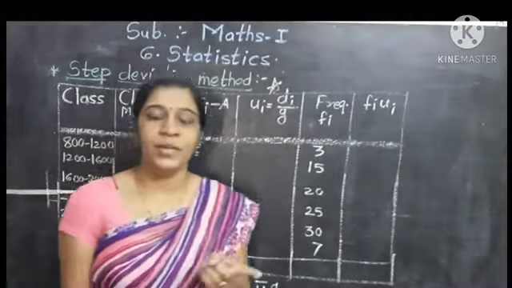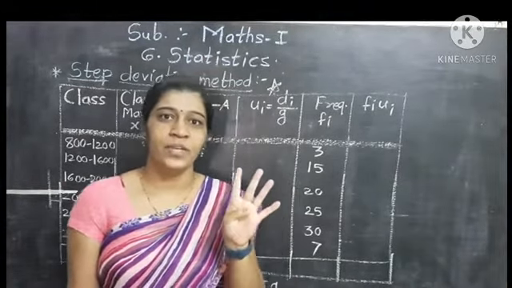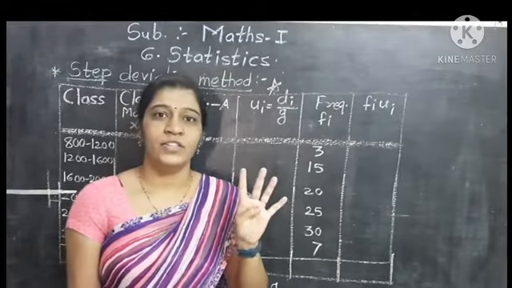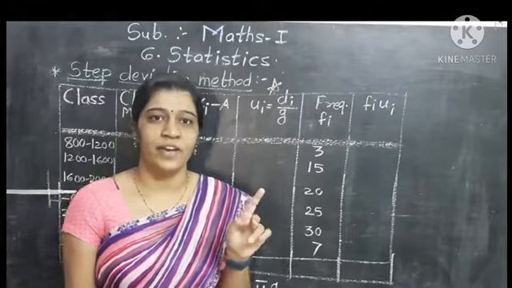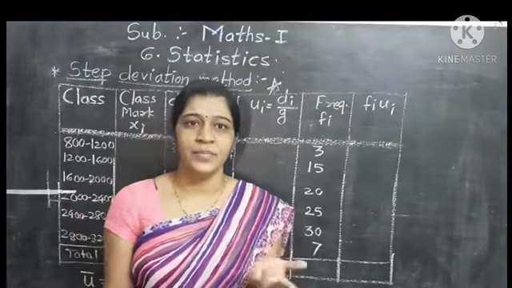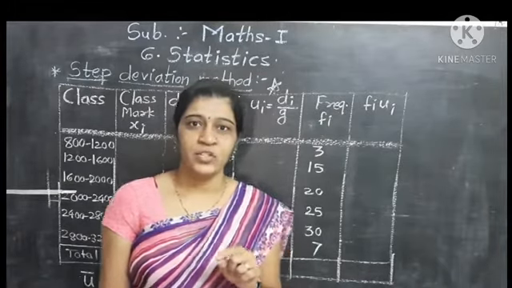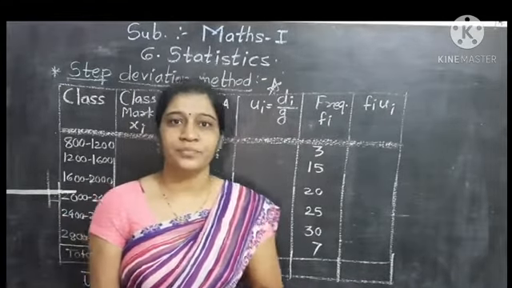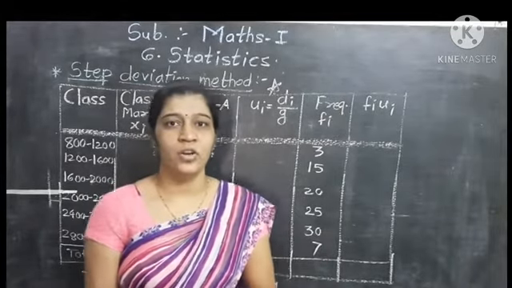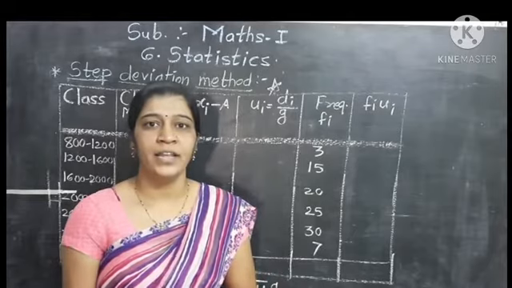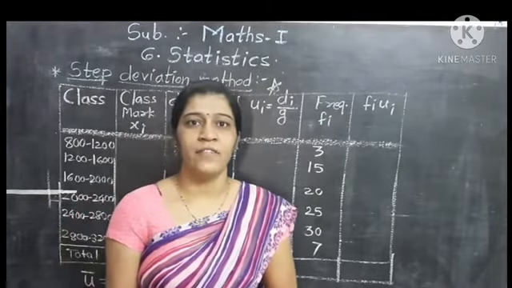In the direct method there are 4 columns: class mark, frequency fi, and the last column fi into xi. In the assumed mean method there are 5 columns: class, class mark, di, fi, and the last column fi into di.